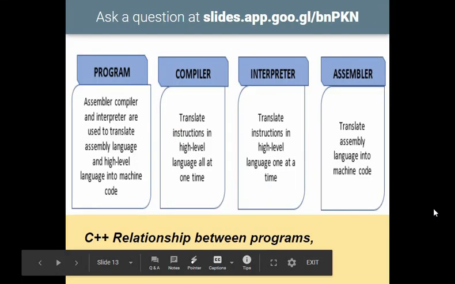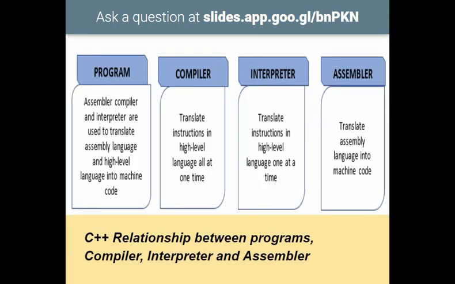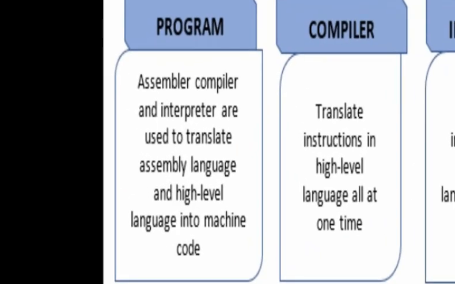Okay, now let's compare the relationships between programs, compiler, interpreter, and assembler. Assembler, compiler, and interpreter are used to translate assembly language and high-level language into machine code. C++ is a high-level language.